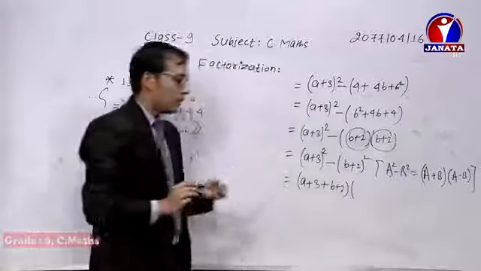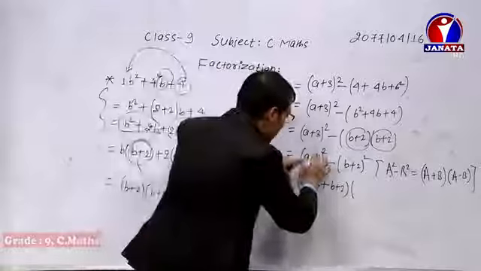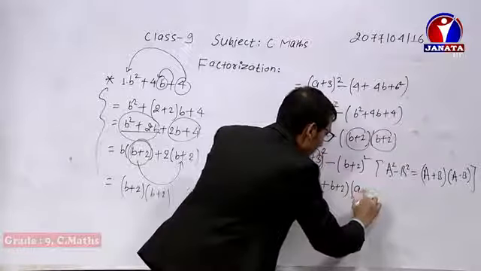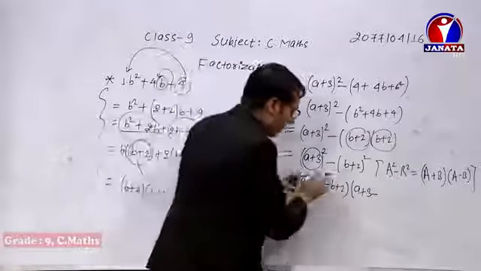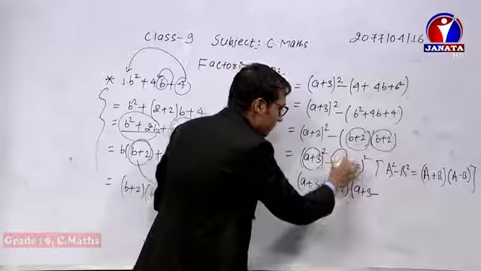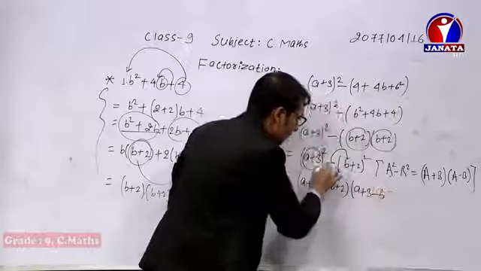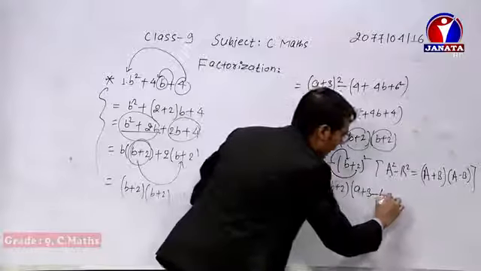Second factor is a minus b. What is a? A plus 3, a plus 3 minus what is b? Okay, b plus 2. So we need to open the bracket with this negative sign. So what is minus times b? Negative b. So negative sign times positive, so minus plus is minus 2.